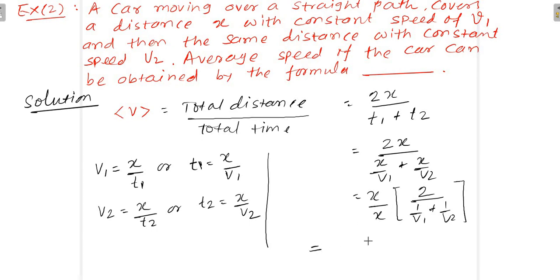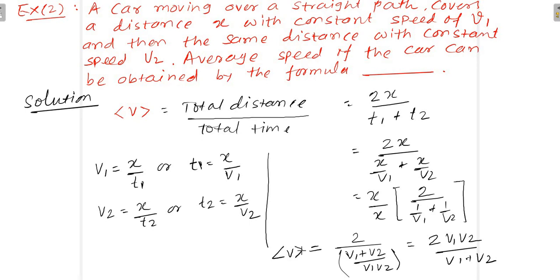What remains is 2 over, if I simplify, v1 plus v2 divided by v1 v2, right? And if the denominator comes into the numerator, it is 2 times v1 v2 divided by v1 plus v2, right? So this is the final answer. This is the average velocity v, with the usual units, meter per second square, meter per second, sorry, right?